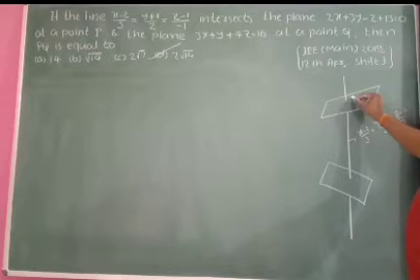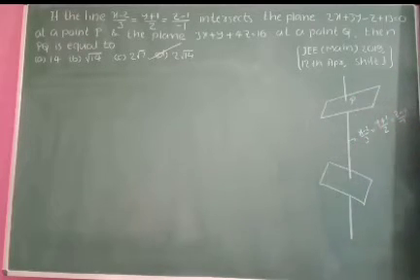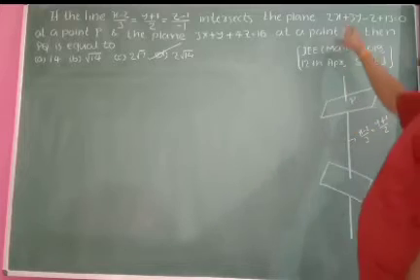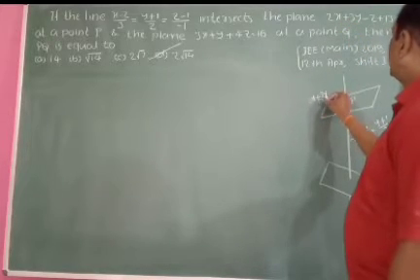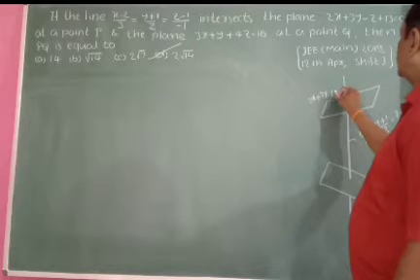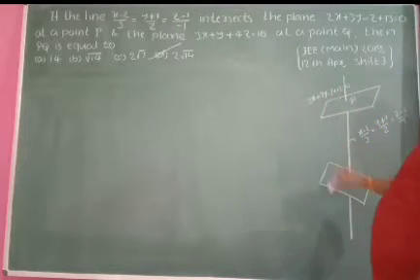This line intersects the first plane at the point P. The equation of the first plane is 2x plus 3y minus z plus 13 equal to 0.